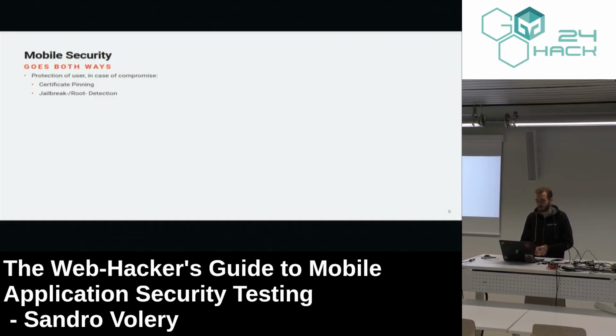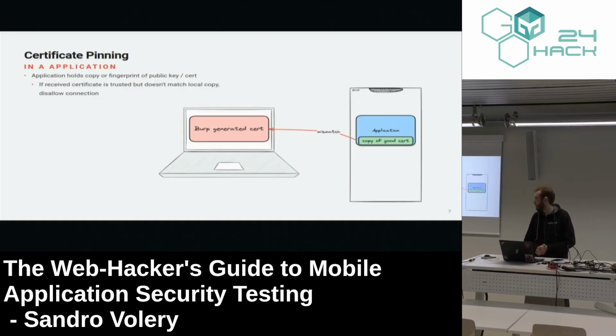in case your user's phone is compromised by an entirely different application. With that, I want to talk about certificate pinning for a second, because that's going to come up again. Certificate pinning is exactly such a practice. It's the practice where the phone actually receives a copy of the last known good certificate, and this certificate is going to be a part of the application itself.